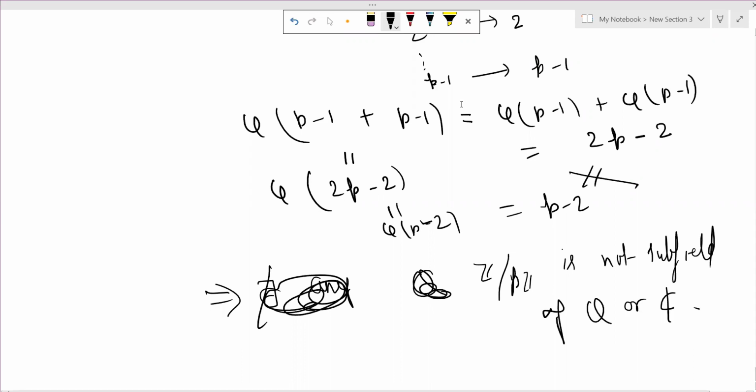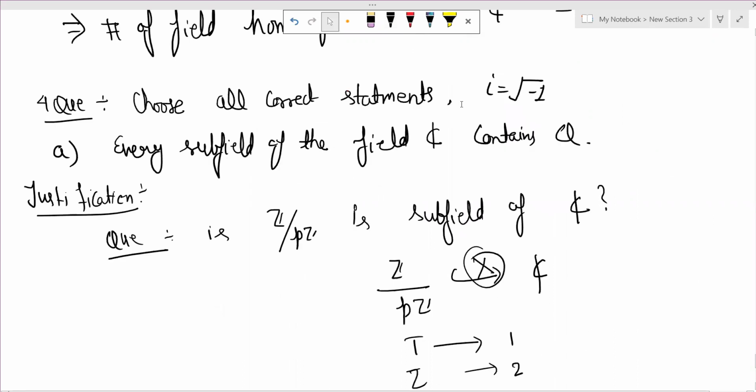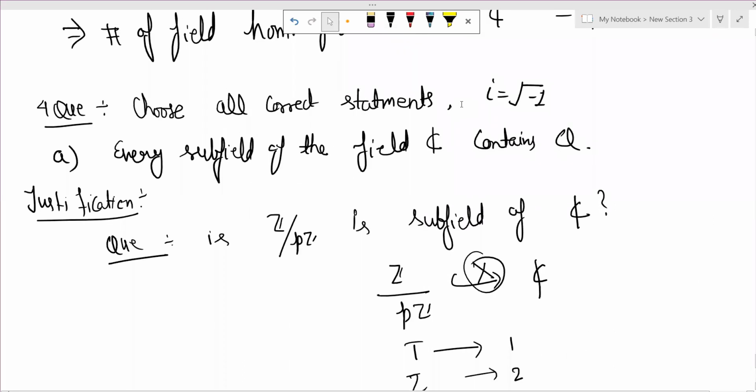So now we have proved that this is not a subfield of C. So now, is this statement true or not? Every subfield of the field C contains Q. At least one kind of example we counter: finite fields are not subfields of the rational numbers or complex numbers. If they were subfields, then this would be false, right?